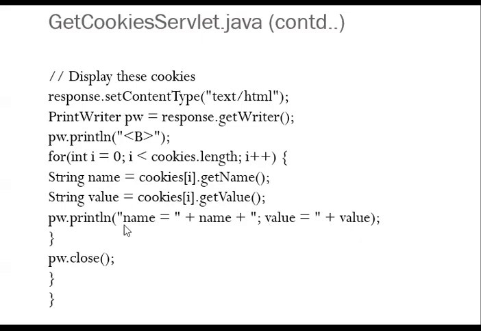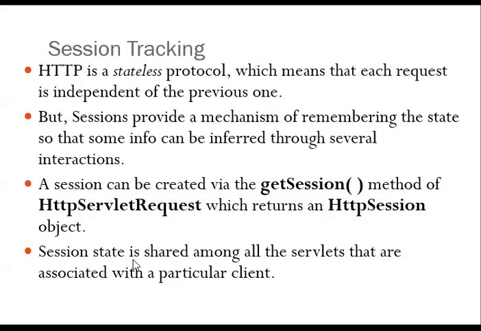Just concatenate and print it. So all the cookies that are present will be written on the screen of the browser and sent to the client machine. So this is how cookies are created, or their values are read, in the servlet.